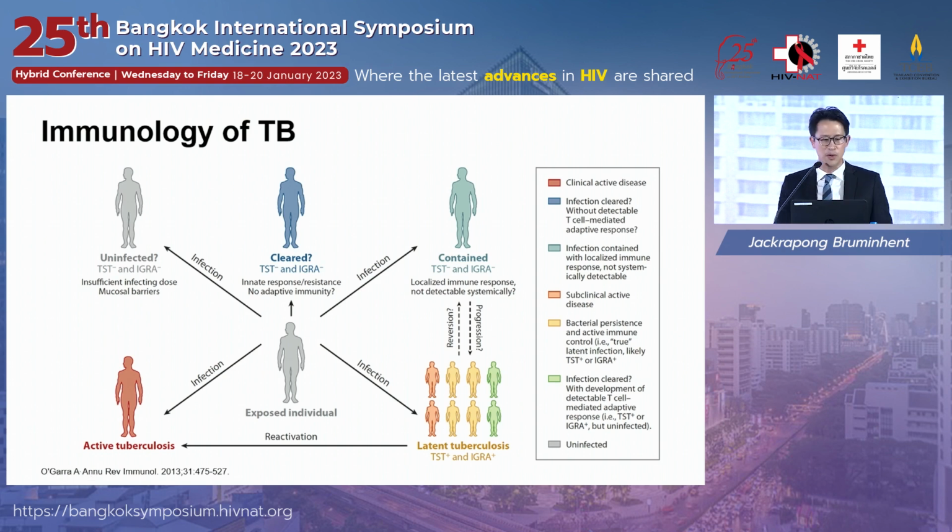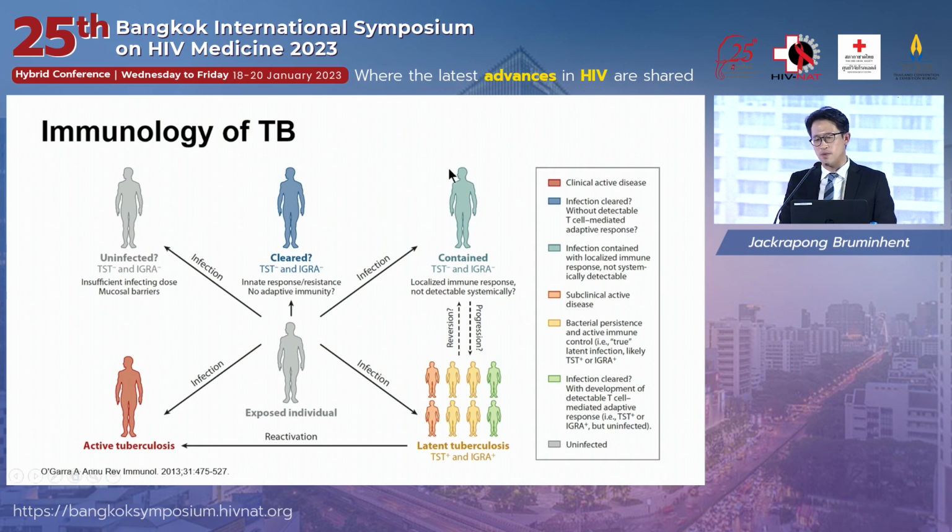So your immunity was never exposed. How about the people in the middle, the blue guy here? This is someone who has been exposed, but because of good innate immunity, your adaptive immunity was never exposed. So when you check for the adaptive immunity, your test will be negative.